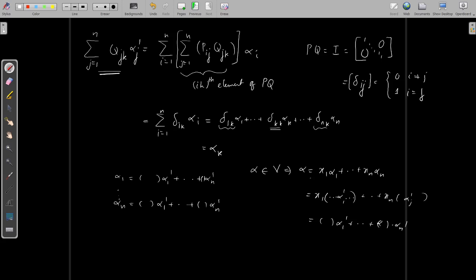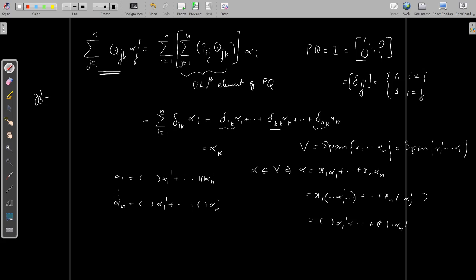That is, the span of alpha 1, alpha 2, etc., alpha n is the same as the span of alpha 1 prime, etc., alpha n prime. So the span of alpha 1, alpha 2, etc., alpha n is nothing but V.